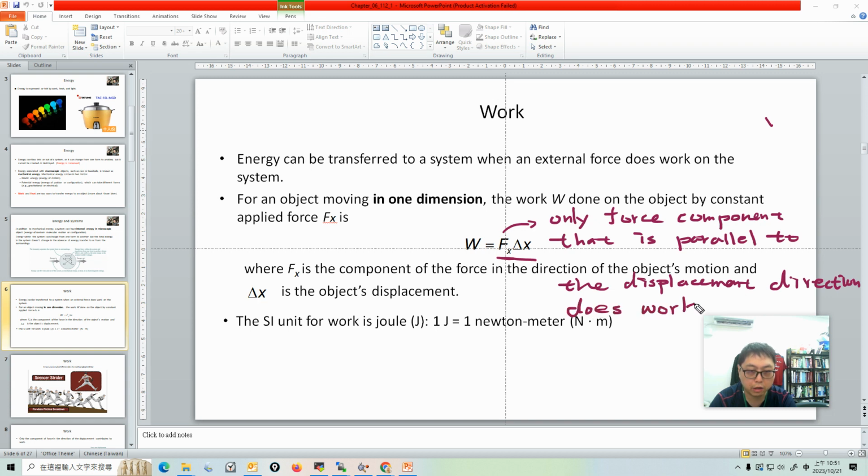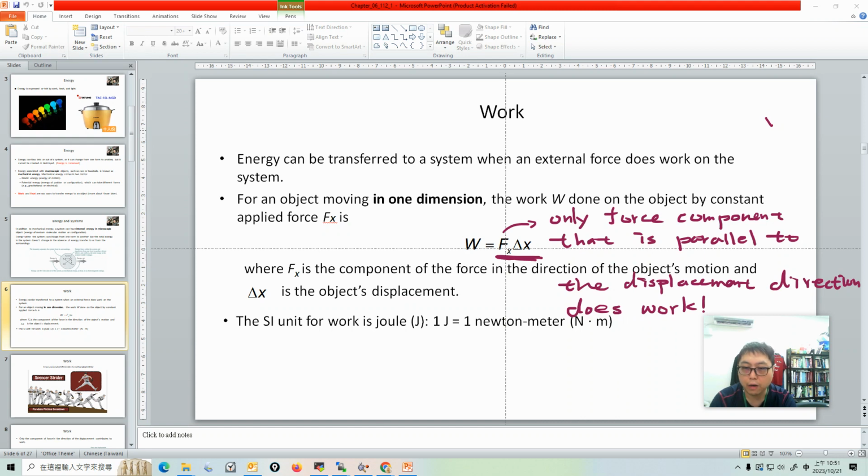That's the meaning of this equation. How to calculate work? Fx times displacement, and Fx means only the force component that is parallel to the displacement direction does work.